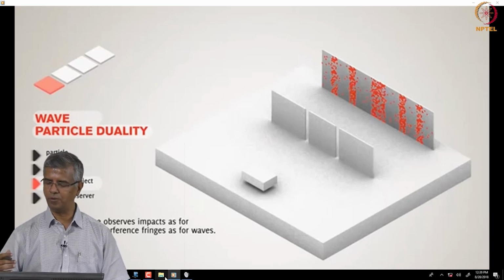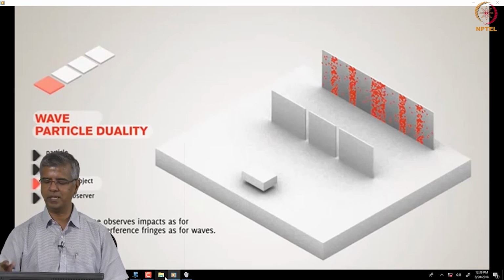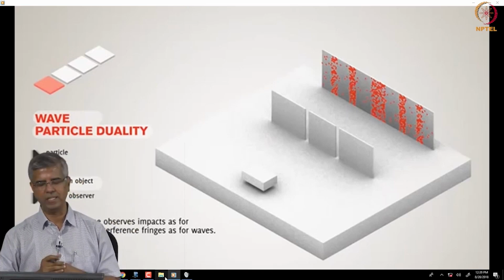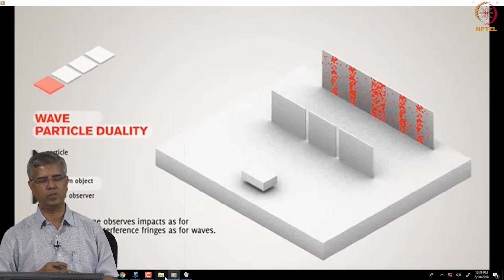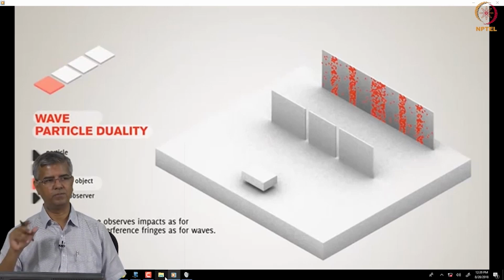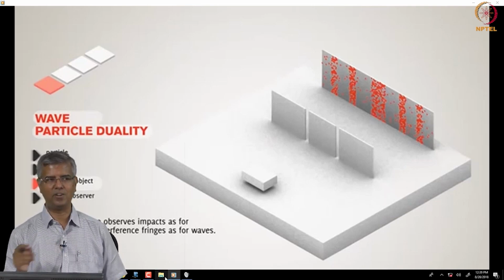Of course, if you make many more observations, you will find that these bands are very nicely formed, but that just corresponds to the fact that you have a high probability of finding a photon there, and a low probability of finding a photon in other areas. It's not like there is zero probability.